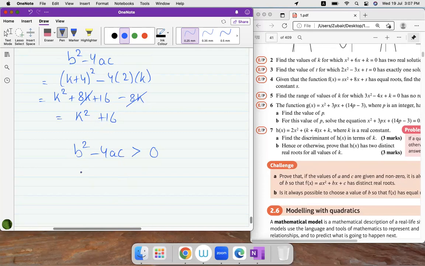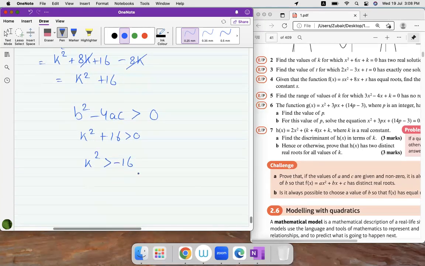And we've already simplified it. This is k square plus 16 is greater than 0. It says k square is greater than negative 16. So we do not get any value of k. Why is that so? Because a squared number cannot be equal to a negative number. Therefore, for any value of k, it has two distinct and real roots.